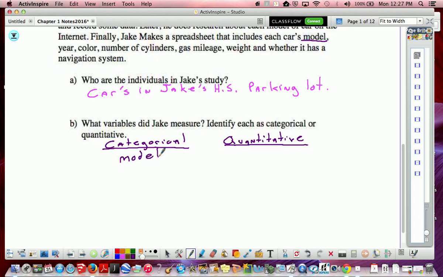How about the year? Is that a number? Yeah, quantitative. Color? Categorical. Red, white, blue, yellow, pink. Ooh, pink car. Number of cylinders. That's kind of a dead giveaway, isn't it? That's quantitative.